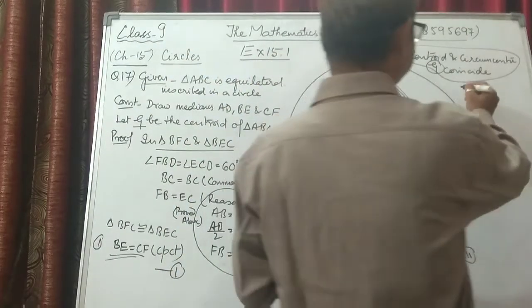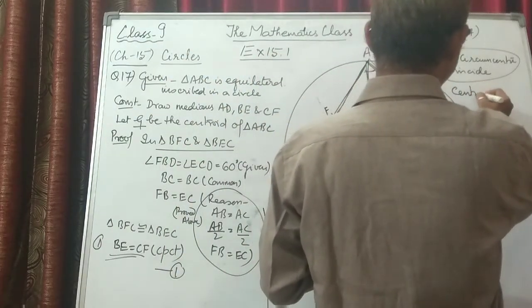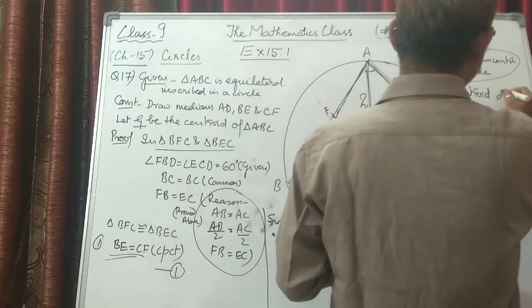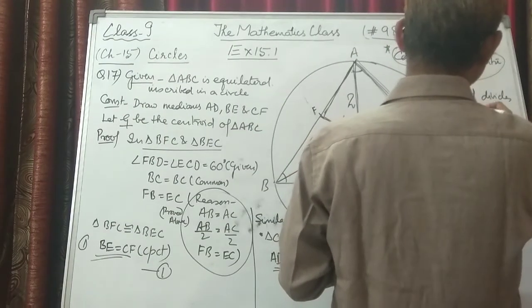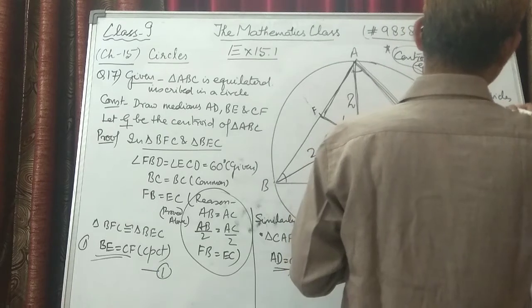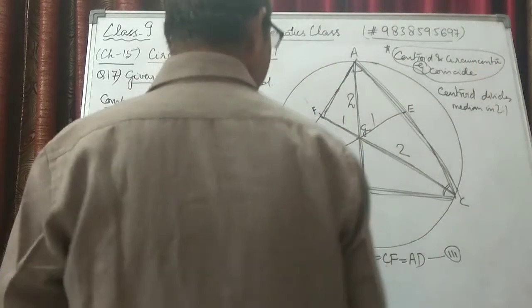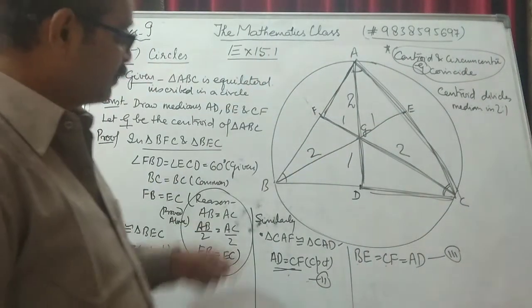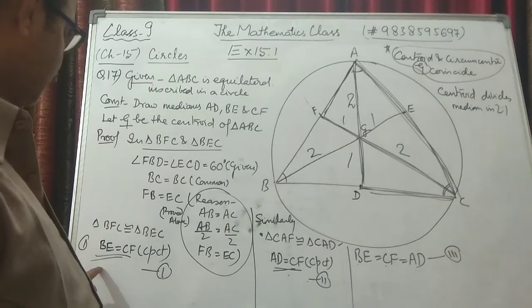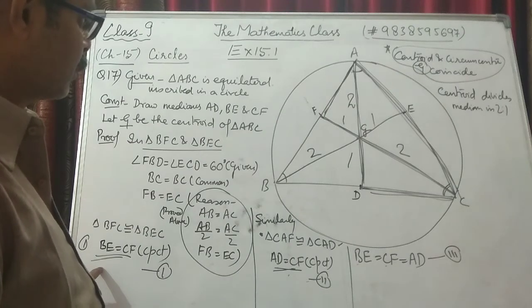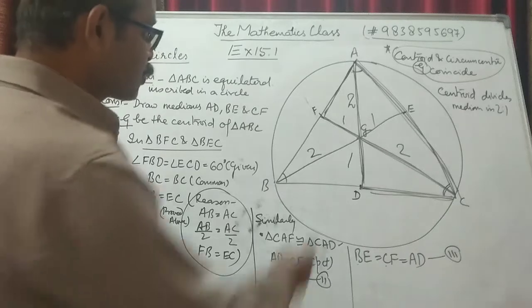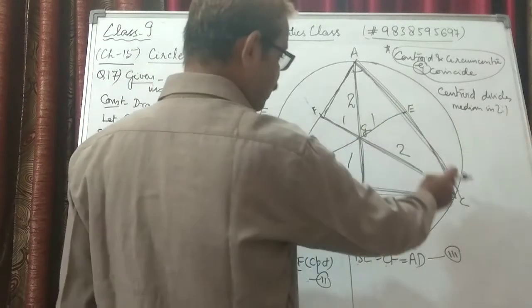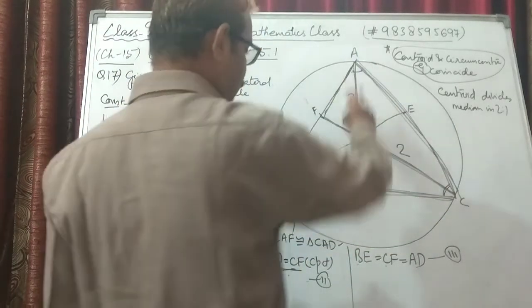I can write: centroid divides medians in 2:1. So BE is equal to CF is equal to AD.